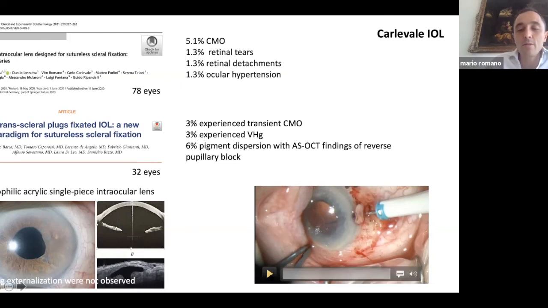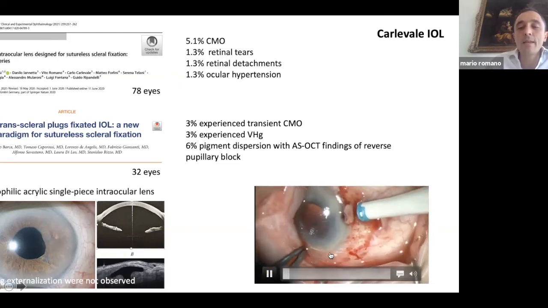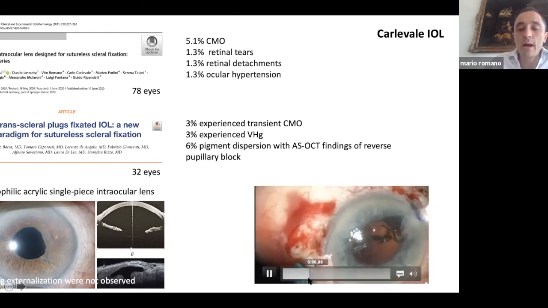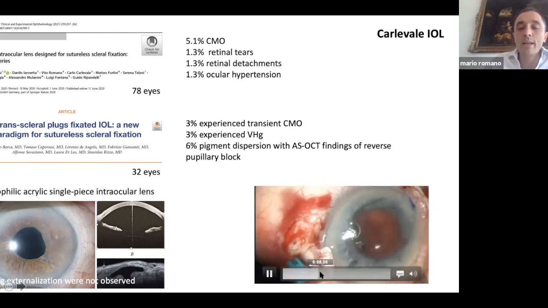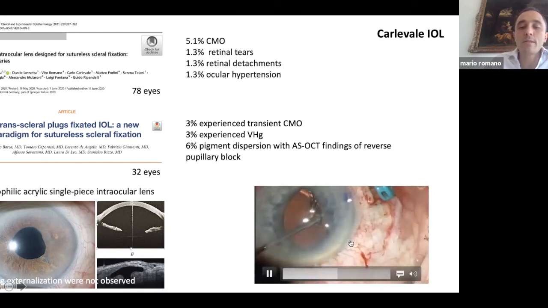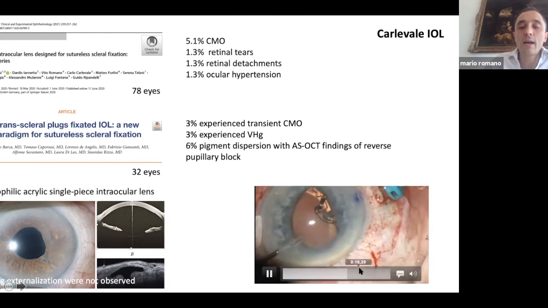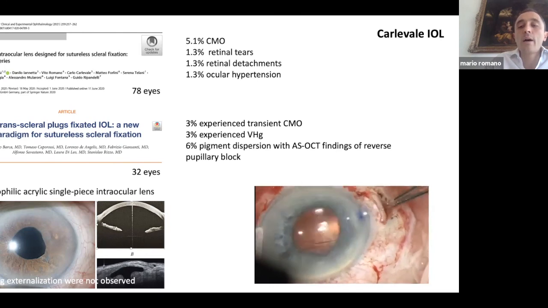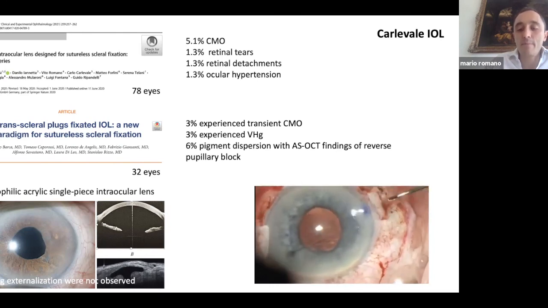In the video, as you can see here, it is placed by its two haptics, and we can bring them outside the sclera from one side and the other side, and then you can place them in the scleral pocket or under a scleral flap.